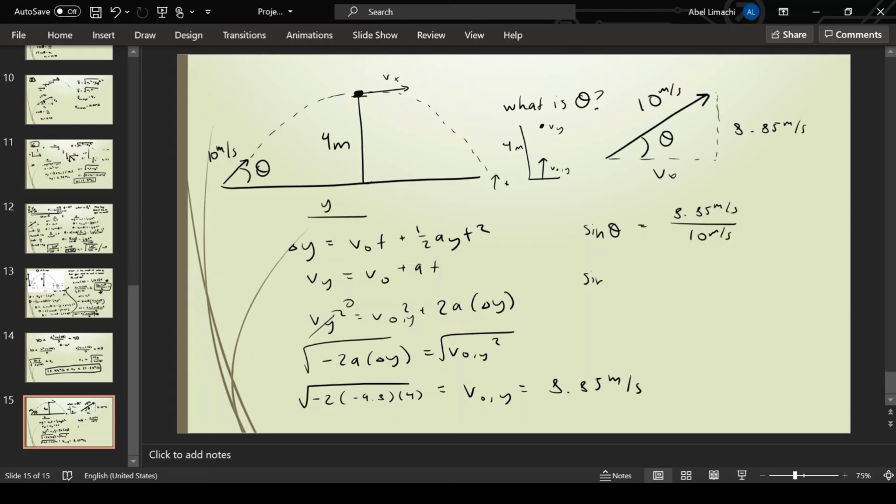So the inverse sine of 8.85 over 10 is going to be equal to this theta. You plug that in, 8.85 over 10, you get that this angle is equal to 62.25 degrees.